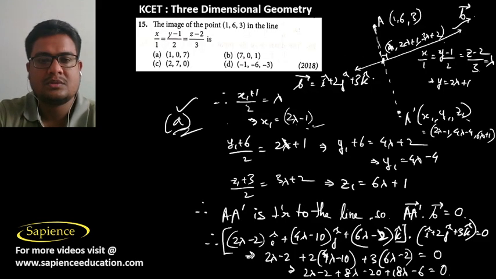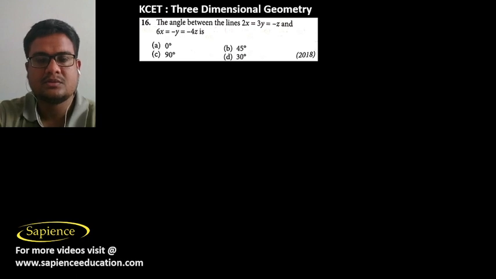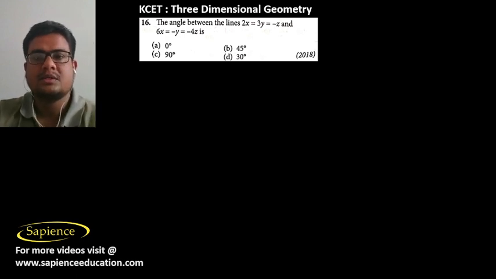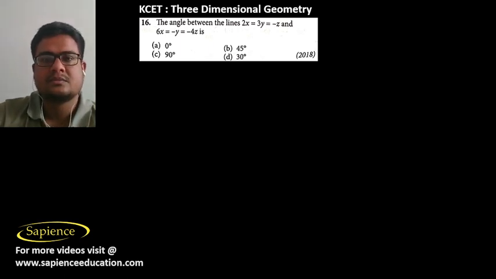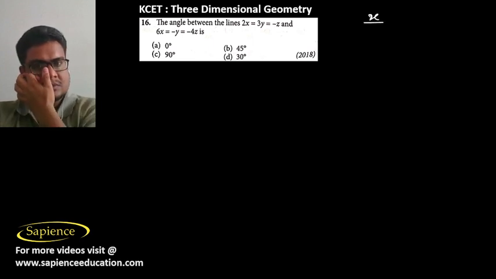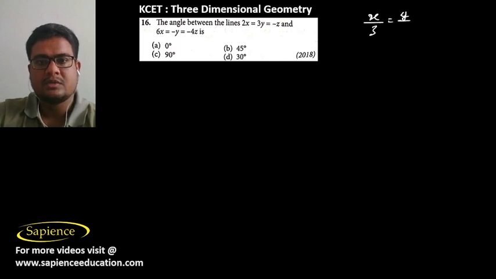Then in question number 16, it asks for the angle between the given lines. Okay, so I can write the first line as x by 3 equal to y by 2 equal to z by minus 6.